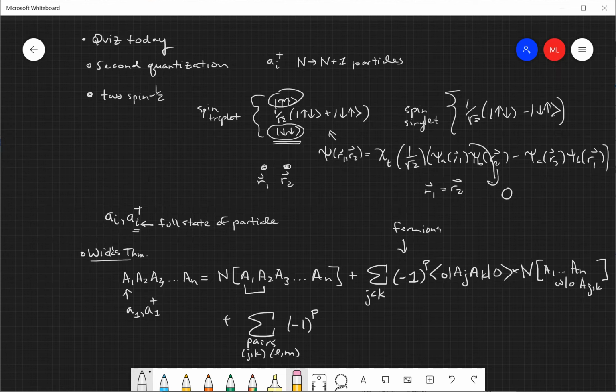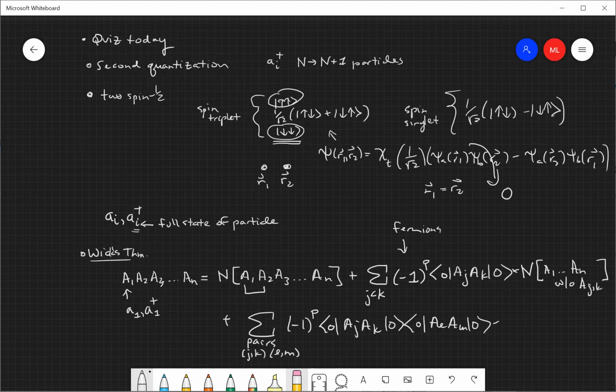So for fermions, you have that. And then you just have the vacuum expectation values of those two things. So you have two contractions, right?